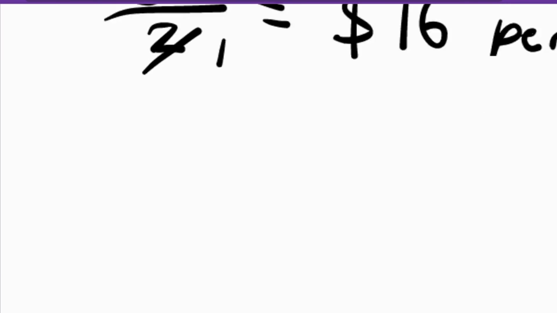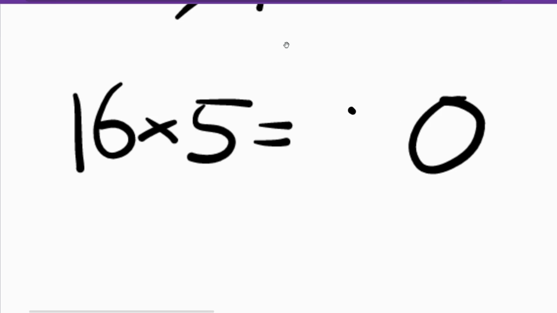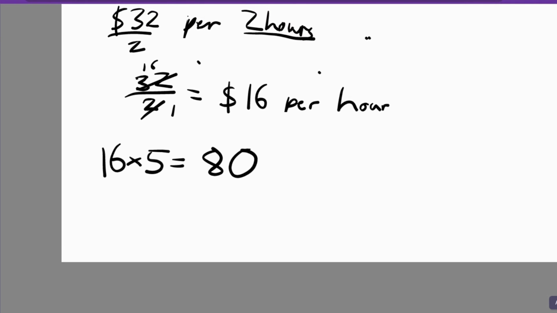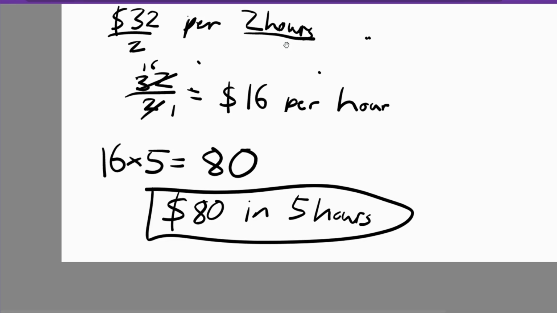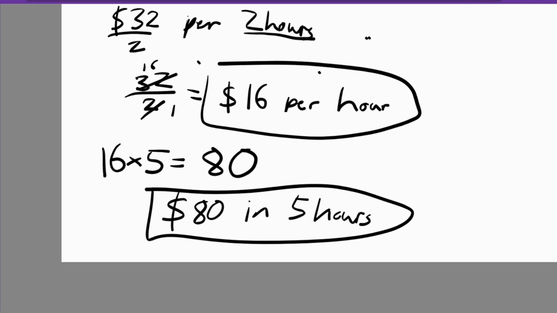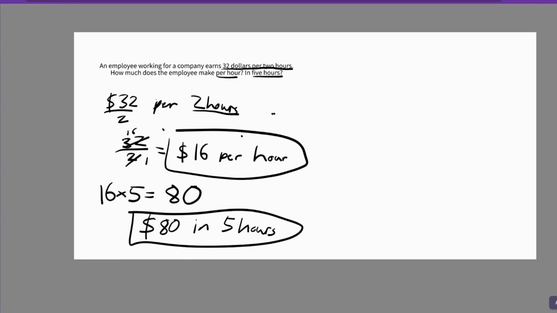And so 16 times 5 is going to be 80. So the employee makes $80 in 5 hours. Ta-da! Let's look at another problem.